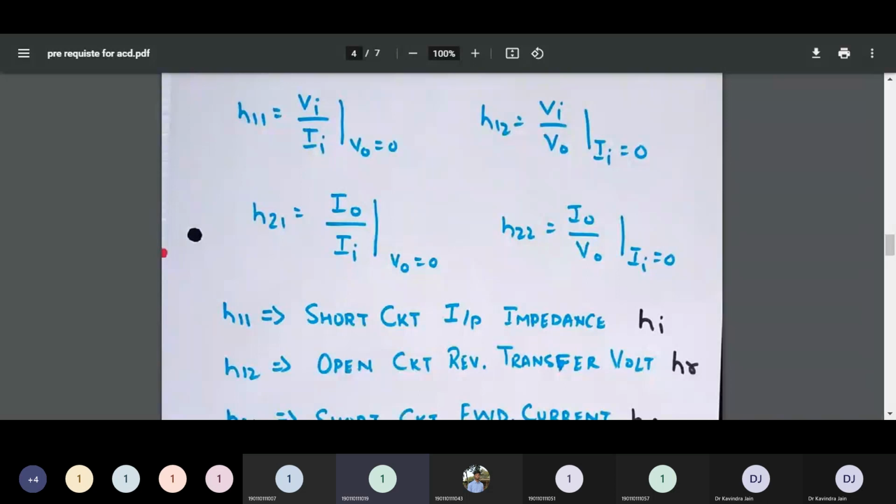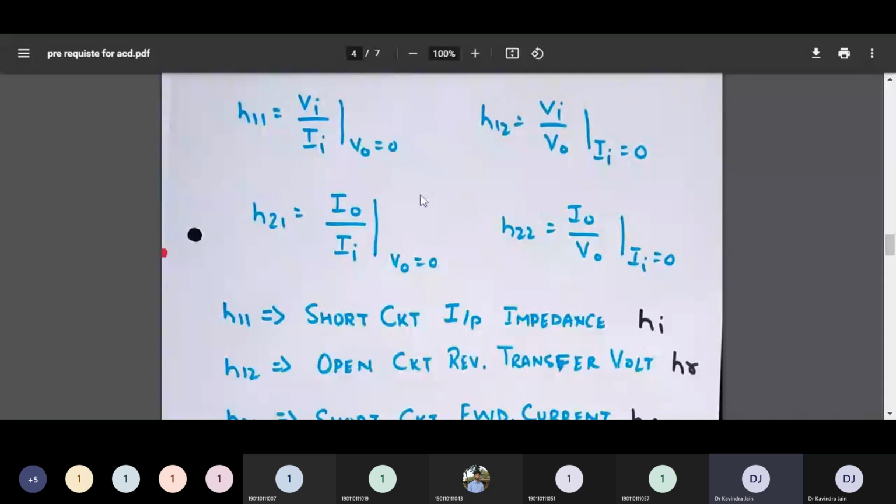VBE is our input voltage. What is our input current? IB. So HIE becomes VBE divided by IB. Now, as you can see, here we have written V0 is equal to 0.